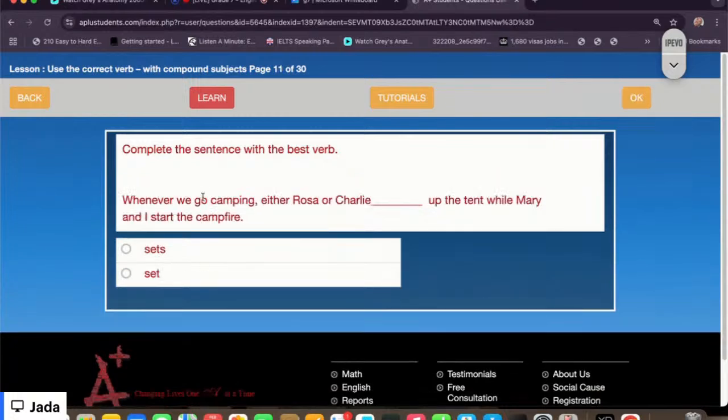So whenever we go camping, either Rosa or Charlie dash up the tent while Mary and I start the campfire.